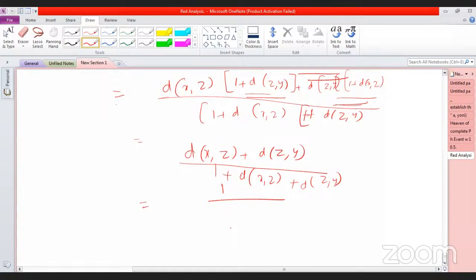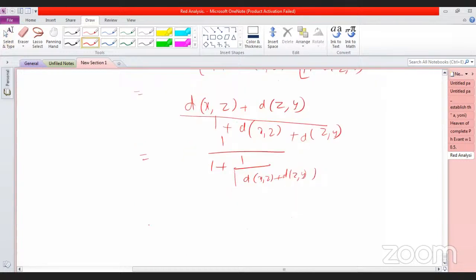Am I correct? Yes, sir. Therefore, what is the next simplification? I will take 1 in the numerator. In the numerator we have d of x comma z plus d of z comma y, and I am taking it as common. To cancel it, what do we write? 1 by 1 plus 1 by d of x comma z plus d of z comma y. So therefore the simplification gives 1 by 1 plus 1 by d of x comma y.